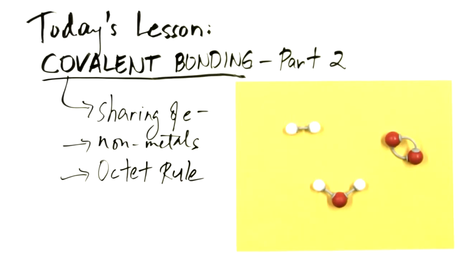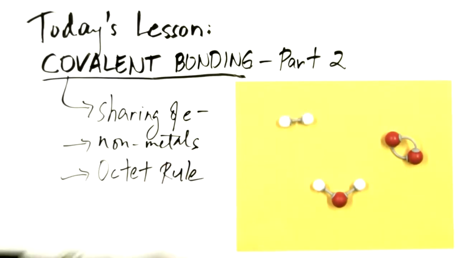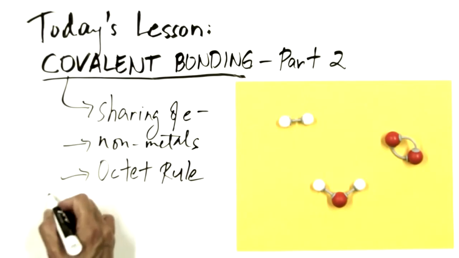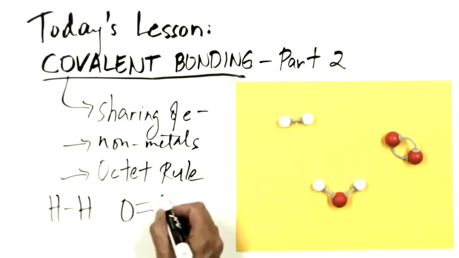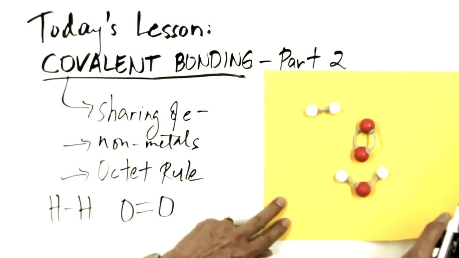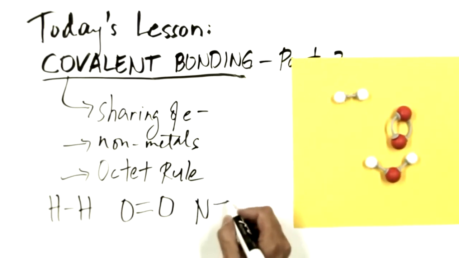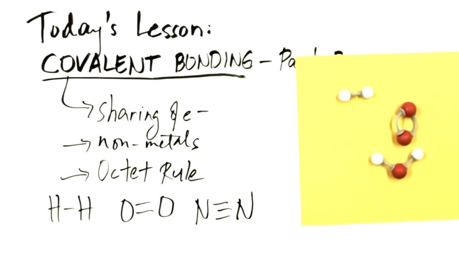Now, just to recall, we had as examples hydrogen, which becomes stable by sharing one pair of electrons with another hydrogen atom. We had oxygen, which becomes stable by sharing two pairs of electrons with another oxygen atom. We had nitrogen, which shares three pairs of electrons with another nitrogen atom to become stable.